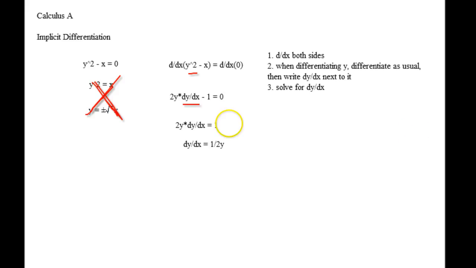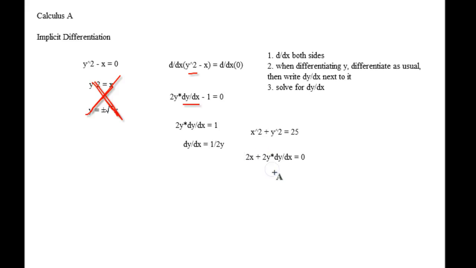Okay. Alright. Now, if we actually had to find something like, let's say it was x squared plus y squared equals 25, and we had to differentiate this. Okay, once again, we would still differentiate both sides, so I would have 2x plus 2y times dy slash dx equals 0.